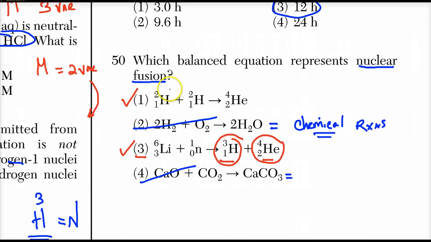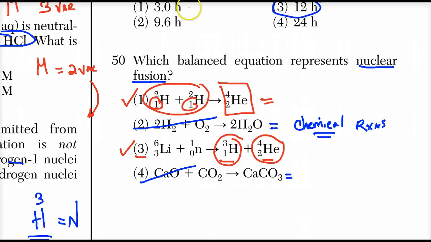But basically what we take is either heavy hydrogens or hydrogens themselves, and we combine them to make helium. And that change of binding energy from the hydrogen, which pretty much doesn't have any because it has 1 proton, to 2 protons, is huge, and that's what creates a tremendous amount of energy here.